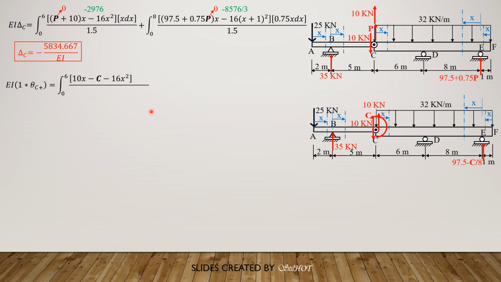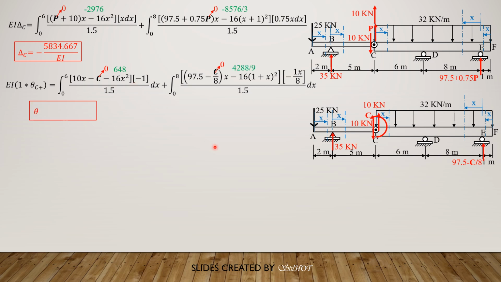The derivative with respect to C is negative 1 over 1.5 dx, plus integral of quantity 97.5 minus C over 8, times x minus 16 times quantity 1 plus x squared. The derivative is negative x over 8 divided by 1.5 dx. Setting the value of C to 0, then evaluating the integral of the remaining terms, we have 648 in the first, 4288 over 9 in the second. Combining, theta C plus is equal to 1124.444 over EI, just like before. So that's the complete solution by Castigliano's second theorem.